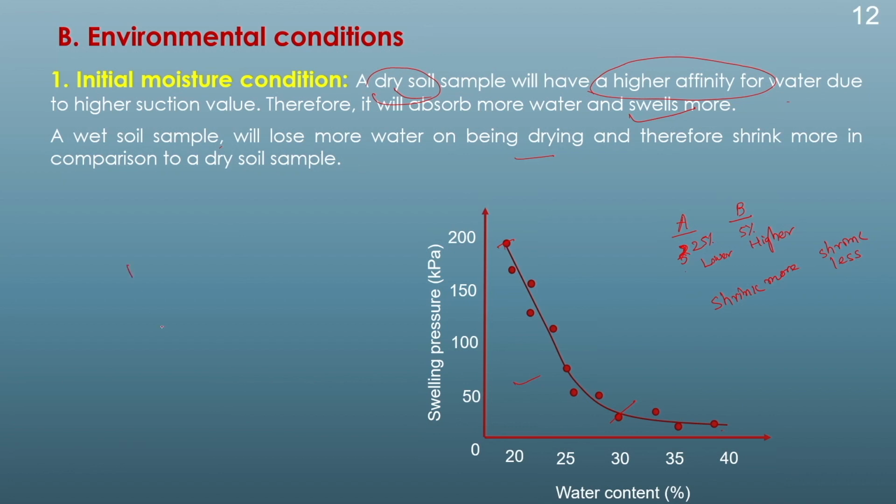And also if you compare a soil, say this is the gamma D and OMC water content plot, and we compare the compacted condition. This is dry of OMC, this is the OMC water content and this is wet of OMC.